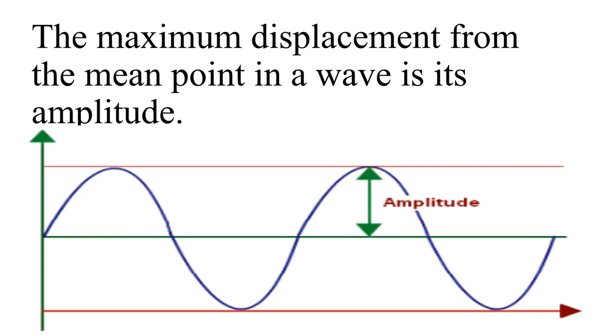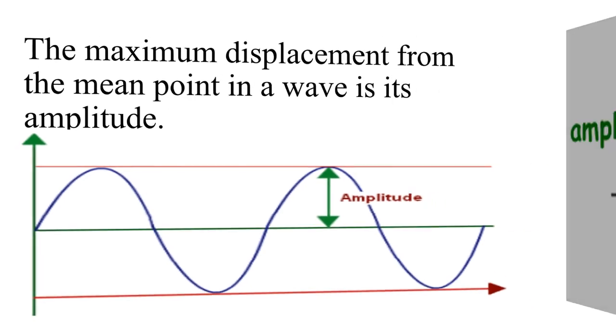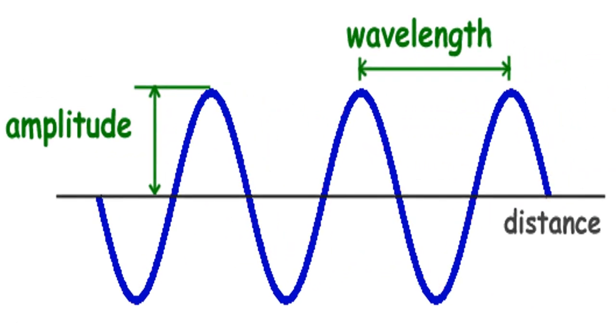You can check here that amplitude basically describes the depth or the maximum displacement of the wave. Here we have compared wavelength and amplitude. Wavelength is measured horizontally, whereas amplitude is measured vertically.